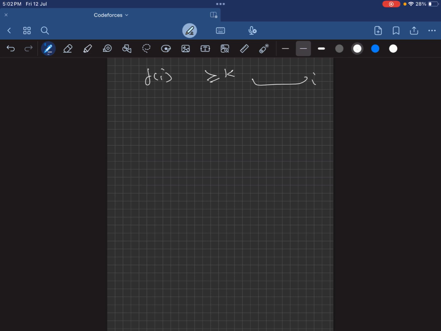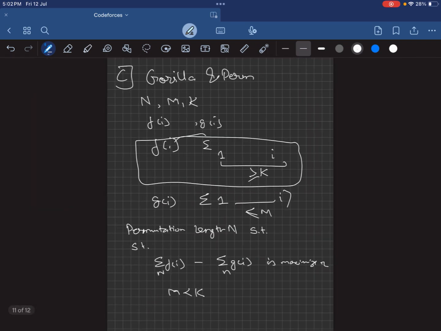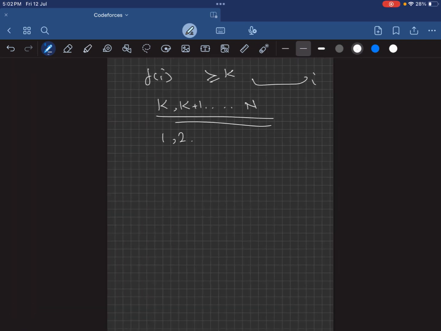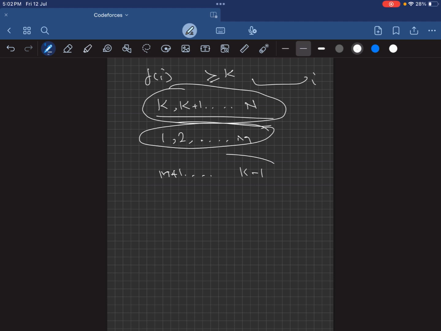So all the elements k, k plus 1 up to n will contribute to f of I. The elements contributing to g of I will be 1, 2, all up to m, and the rest of the elements from m plus 1 to k minus 1 are not going to contribute anywhere. So we have divided our permutation numbers into three different parts.